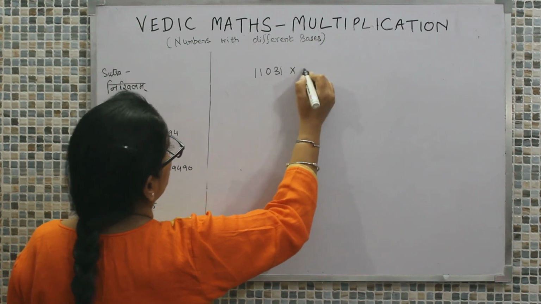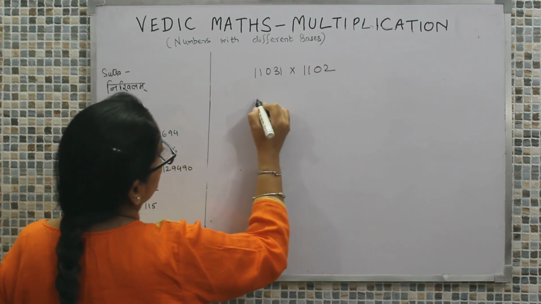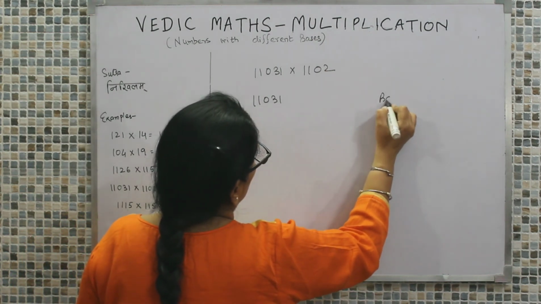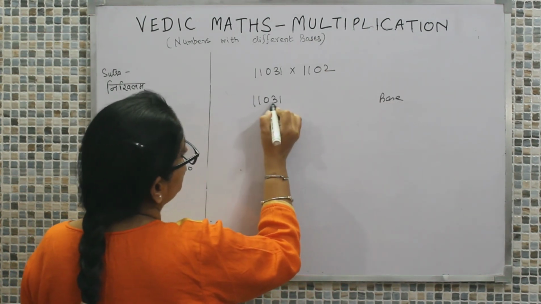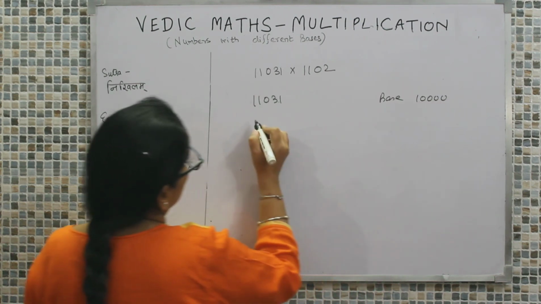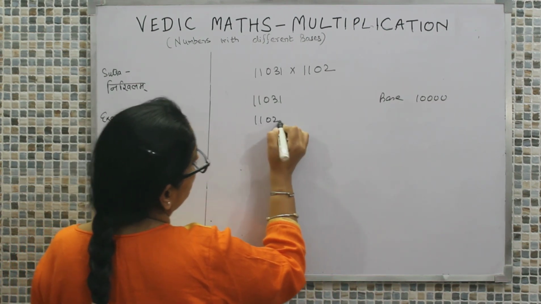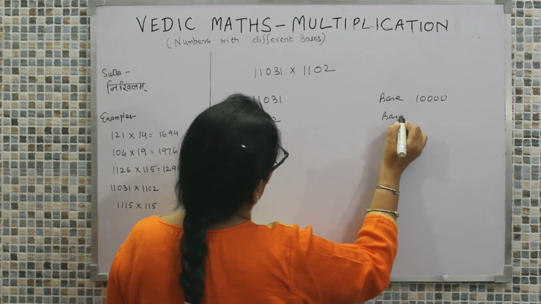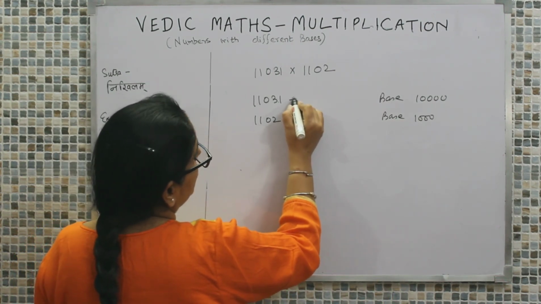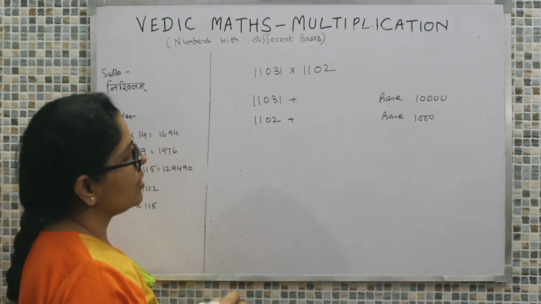Let's take the next example, 11031 into 1102. 11031, here the base value will have 1, 2, 3, 4, 4 zeros. And we have 1102, here the base value will be 1000. Now comparing the values, both are excess.